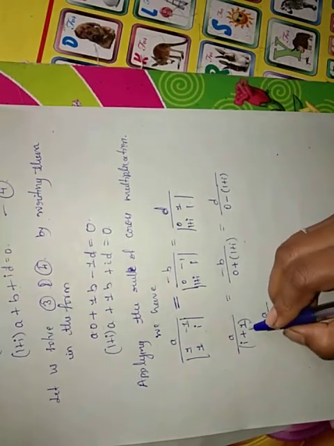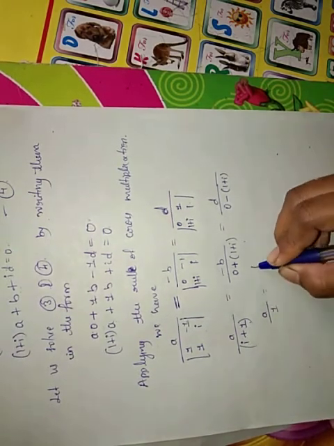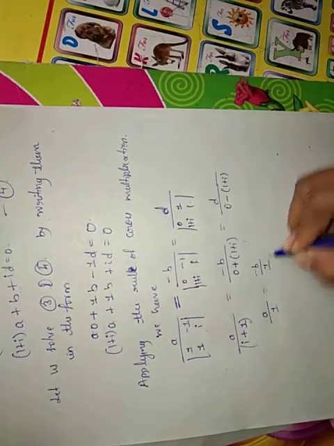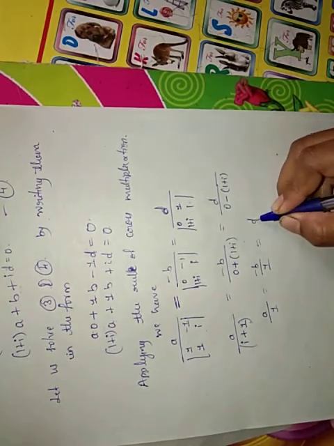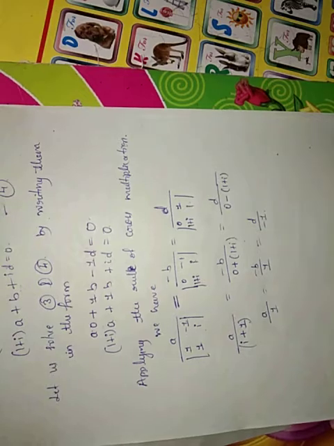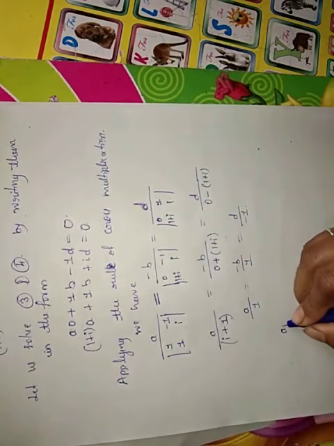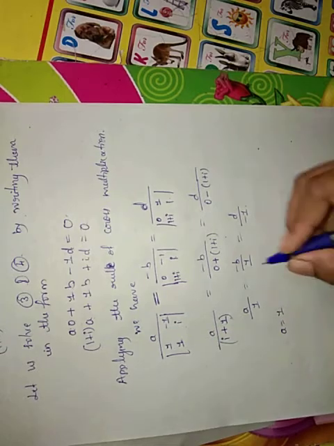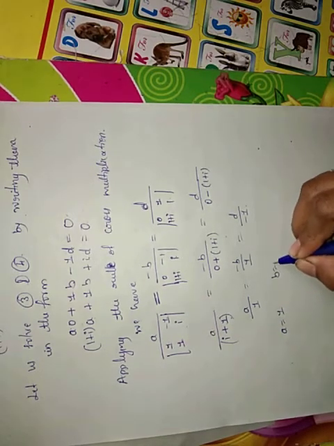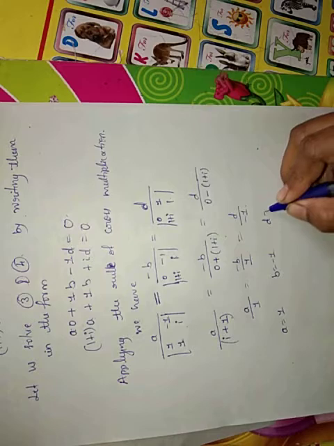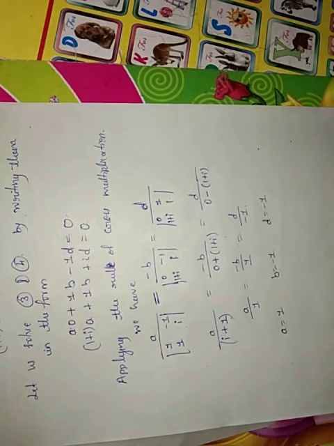So A divided by 1, minus B divided by 1, D divided by minus 1. So that we get A equal to 1, B equal to minus 1, D is equal to minus 1.